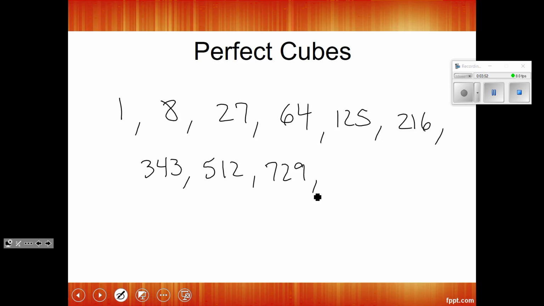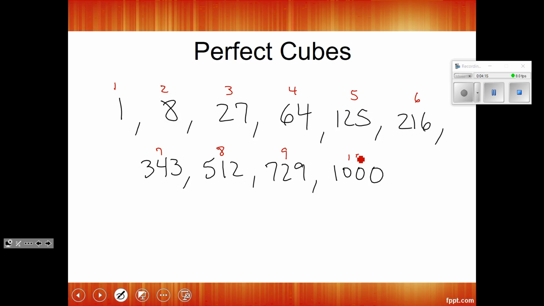And 10 cubed: 1,000. You may want to label these, so you can keep up with your numbers: this is 1 cubed, 2 cubed, 3 cubed, 4 cubed, 5 cubed, 6 cubed, 7, 8, 9, 10 cubed. Are there more?